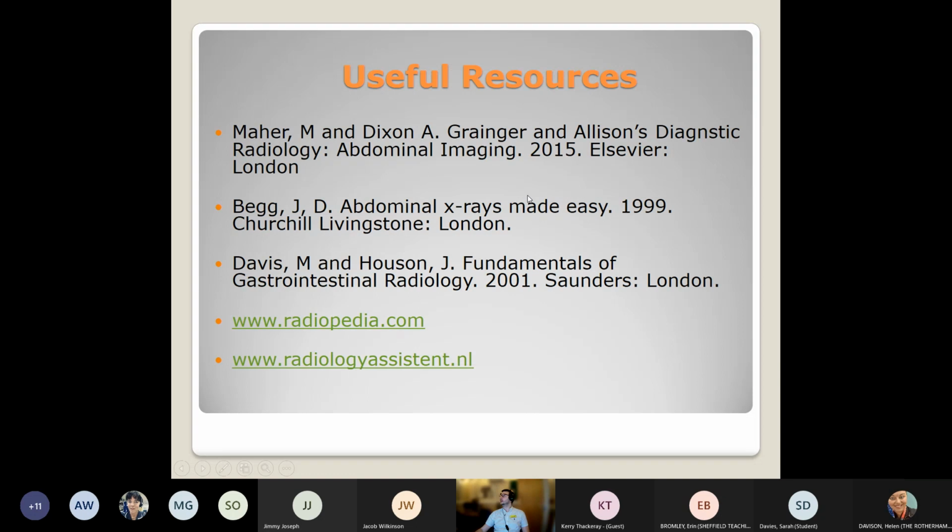We might have a copy here if anyone needs it, called Abdominal X-rays Made Easier, and it goes over all the basic pathologies and the X-ray appearances. These are more foot-thick textbooks, which are good for information, but they can be a bit overwhelming. This is more like a pocket book, and it's a good resource.